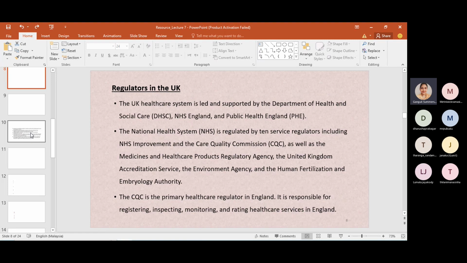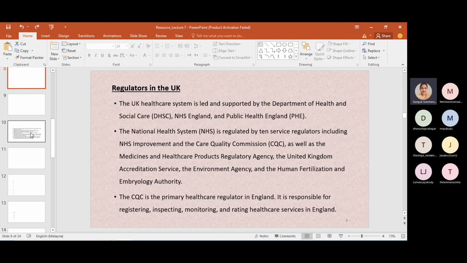Okay, so here, let's see who the regulators, or the regulatory bodies, in the United Kingdom are. We are talking about regulatory bodies related to the health and social care sector in the United Kingdom.